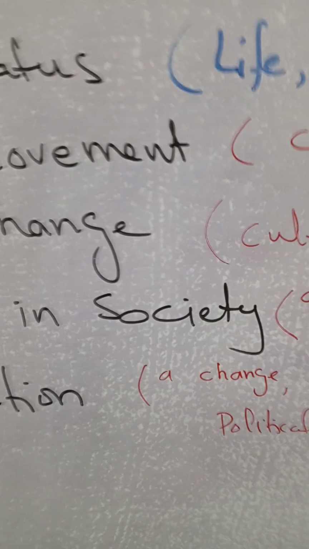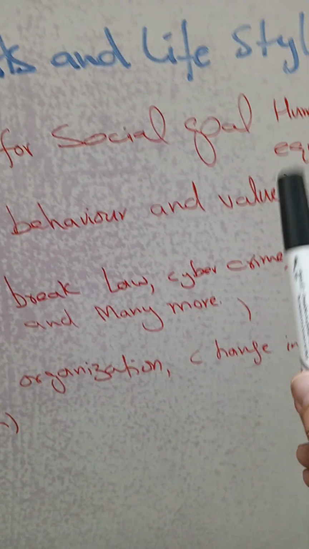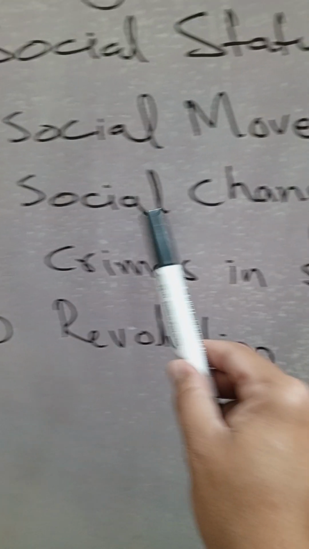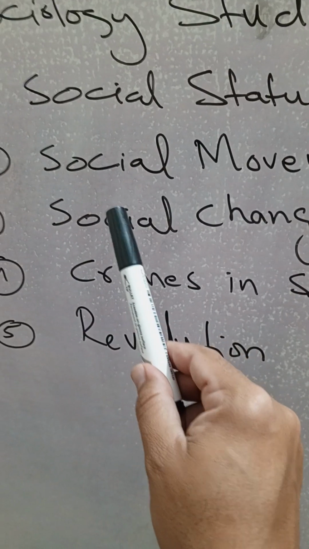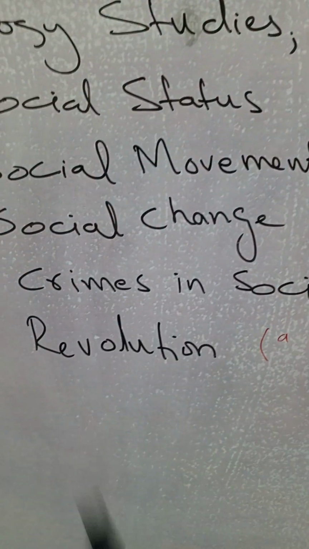But nowadays, we are observing that due to social change, due to change in cultural values, behavior, and values, females are participating in the education system as well as in other occupations. That is possible due to social change, which is one of the major areas of sociology studies.